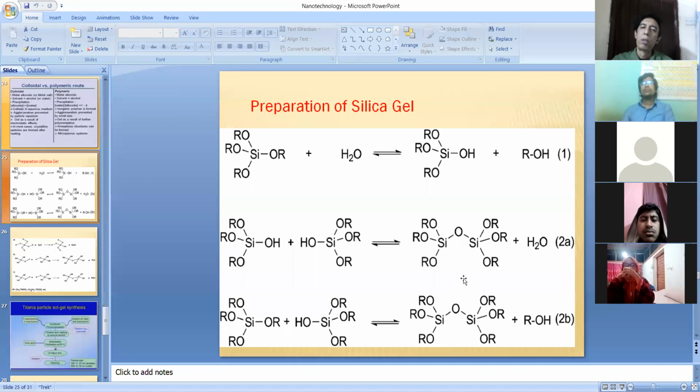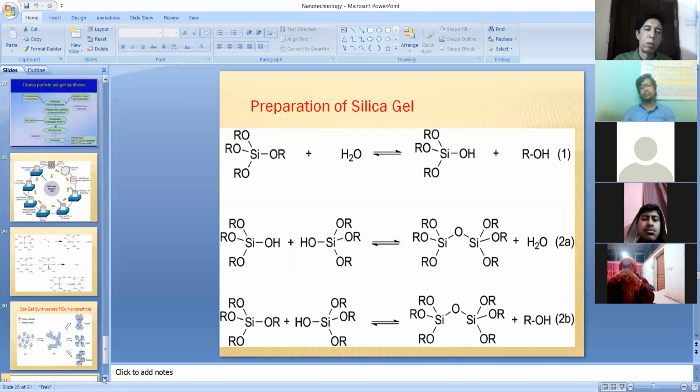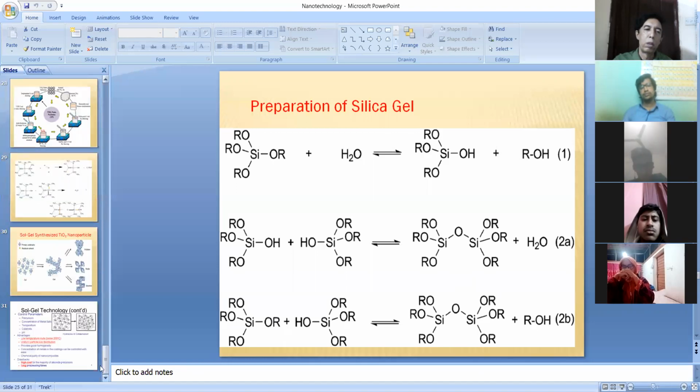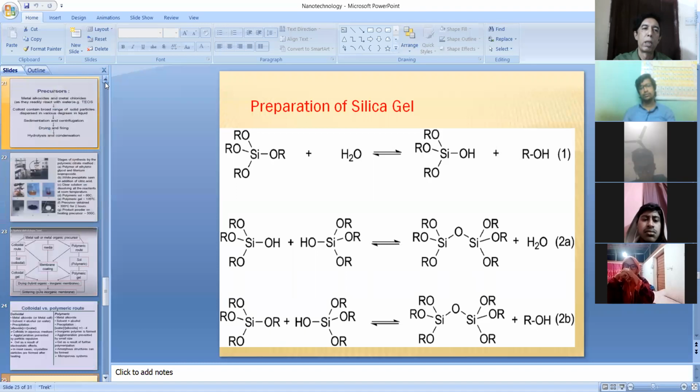So this is the sol. This is the sol molecule.